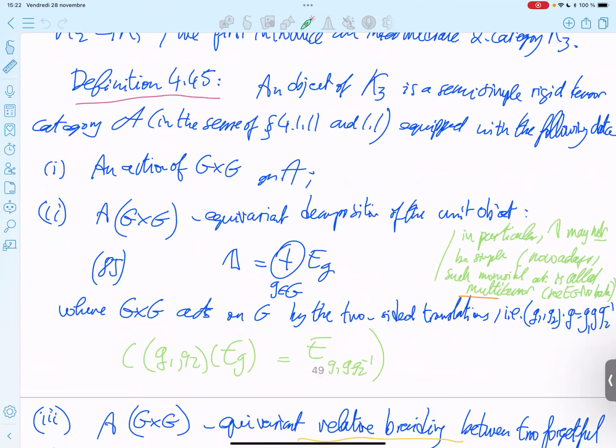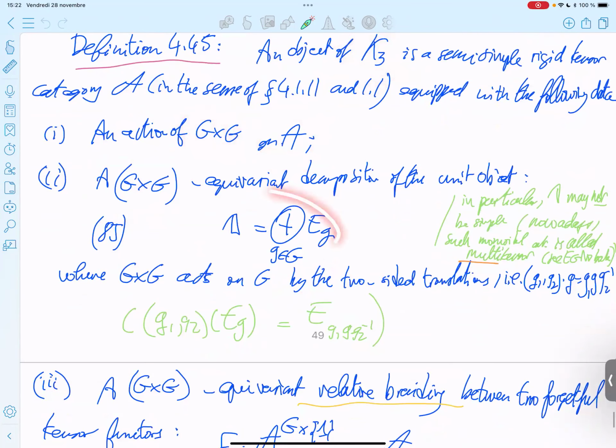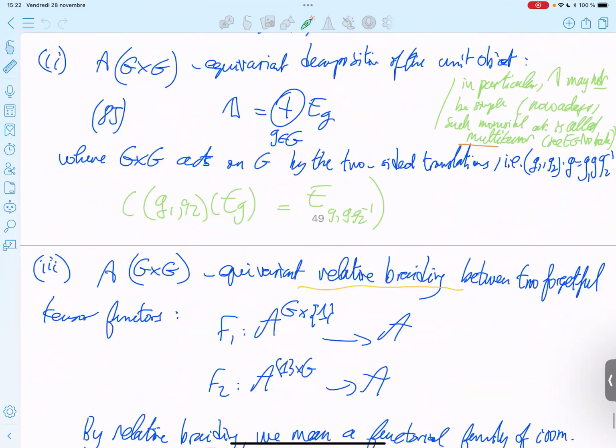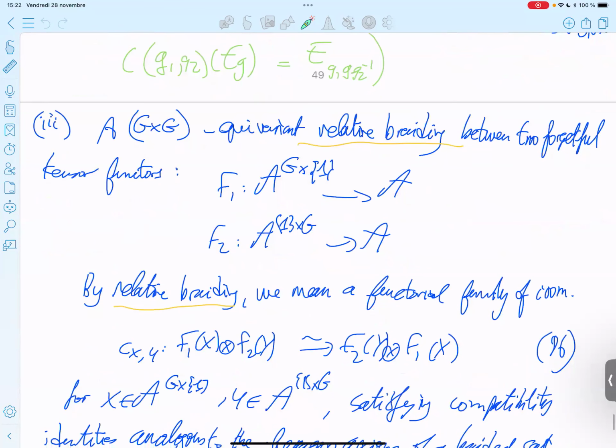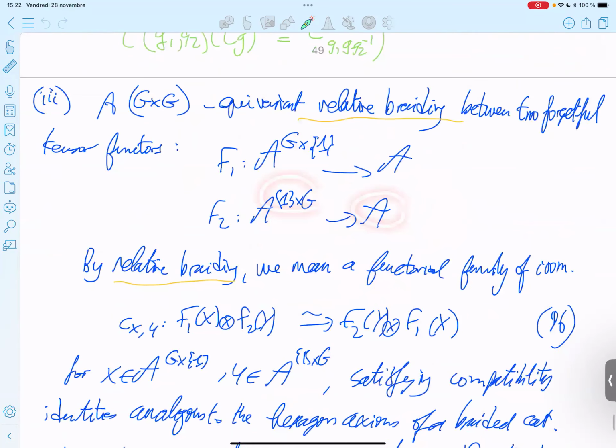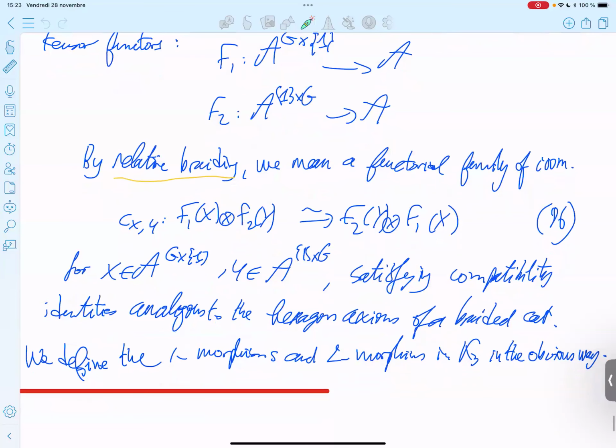So the object in K3 has an action of G cross G, such a decomposition for the unit, and a relative braiding between these two tensor functors, the forgetful functor from the equivariantization of G tensor 1 to A, and the forgetful functor from the equivariantization of 1 tensor 1 cross G to A. And the notion of relative braiding is defined here. So you have this kind of braiding which satisfies some hexagon axioms.